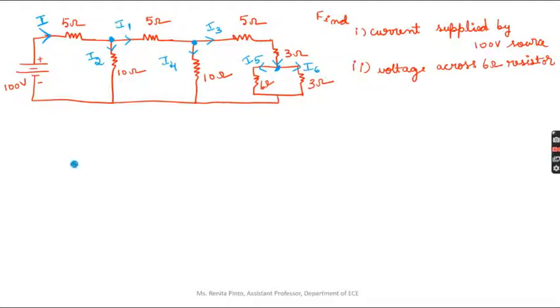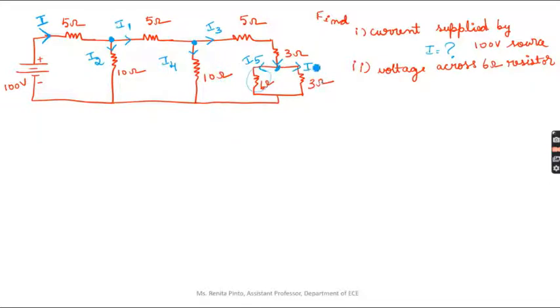Now I have to find the currents. From the first question, they have asked for the current supplied by the 100 volt source, which is I. So I first have to find what is I. Then you have to find the voltage across this 6 ohm resistor.